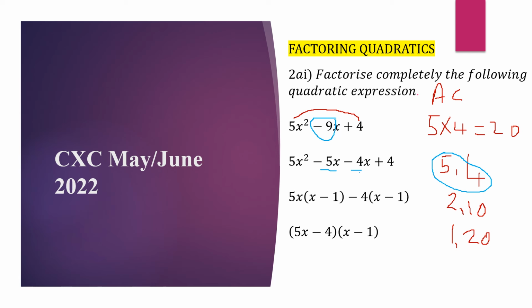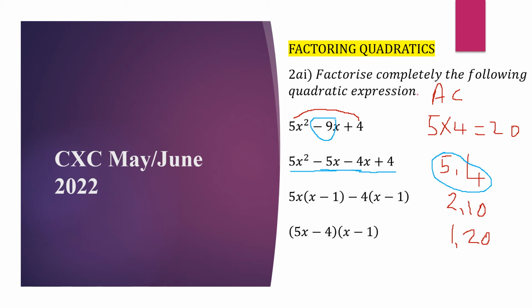Notice that we write the expression 5x squared minus 5x minus 4x plus 4 in this format, where the 5x squared is beside the minus 5x and the minus 4x is beside the plus 4.